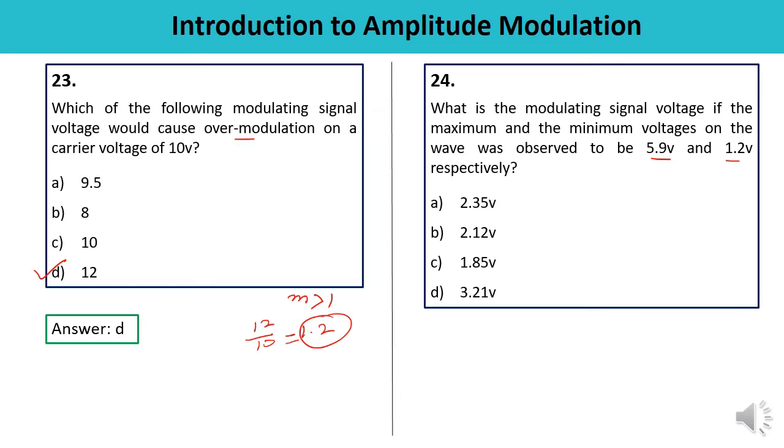So the modulating signal voltage you can calculate as Vmax minus Vmin upon 2. The maximum value is given, which is 5.9, minimum is 1.2, upon 2. Simplify it, you will be getting 2.35 volt. It means the correct answer is A.